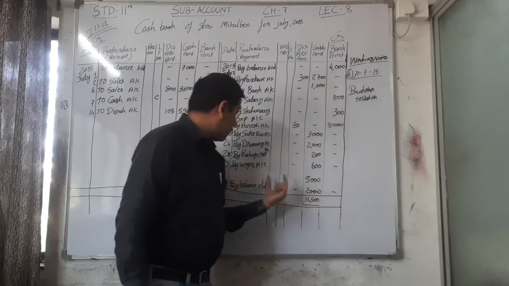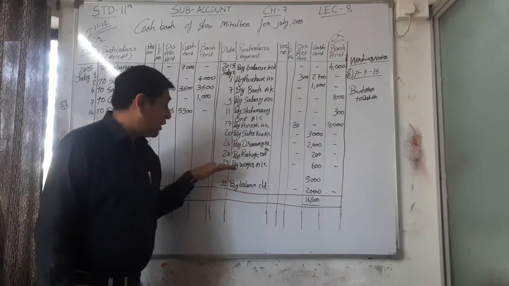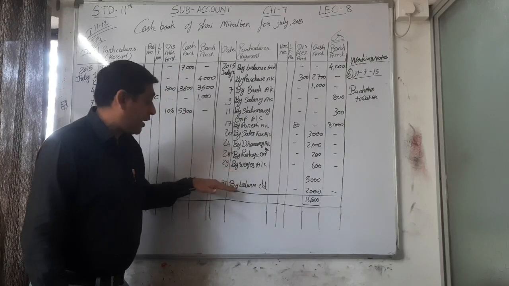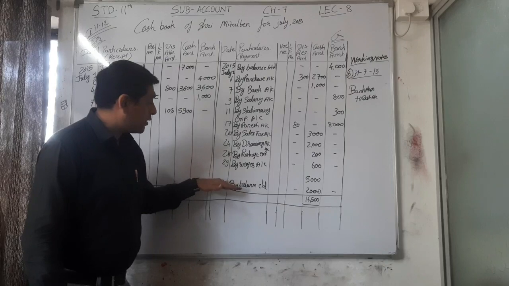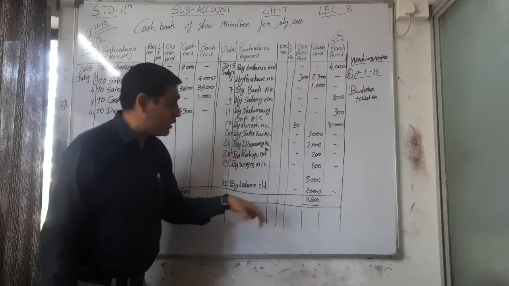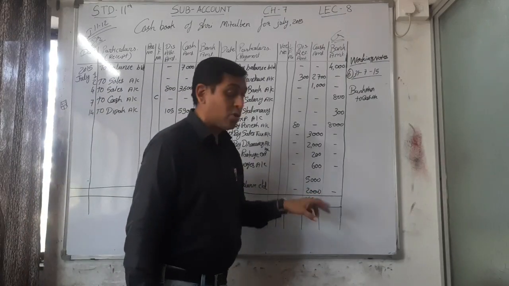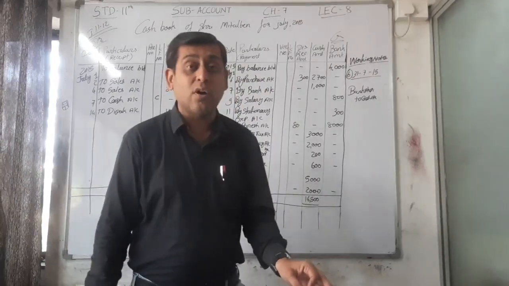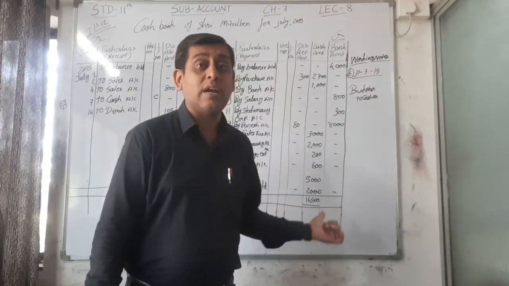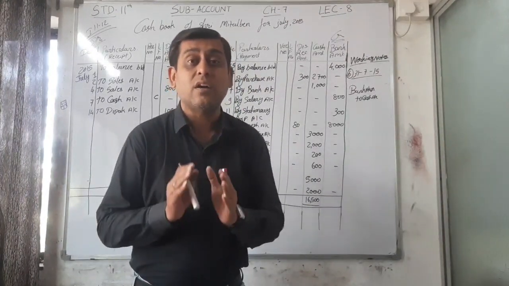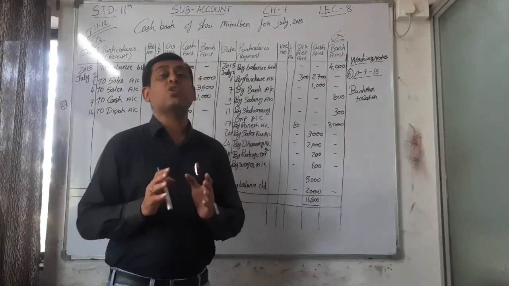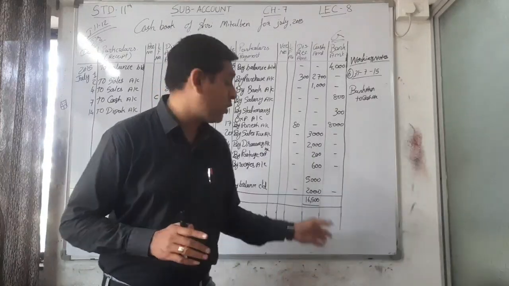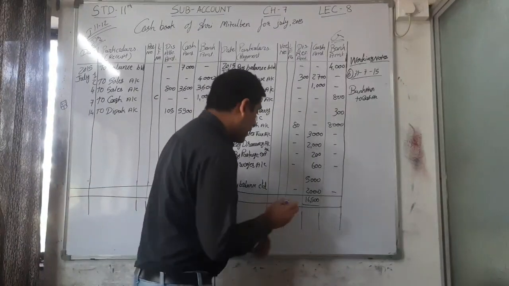Here, first of all, leave one or two lines and write down 31st July, the last day of the month, by balance c/d, that is closing balance, and in the cash column whatever amount is given as cash on hand we have to write down, because that indicates the closing cash balance. Okay, so here 2,000 is the closing cash balance and we have to record that first, and that is our answer also.